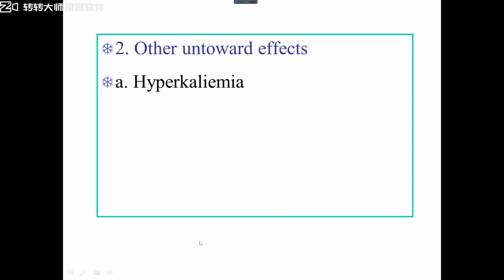Just now we studied that the most common adverse reaction of penicillin G is the allergic reaction. Penicillin G, except for allergic reaction, also has other unwanted effects such as hyperkalemia, such as local pain at injection sites. If you have the experience, you have this pain.